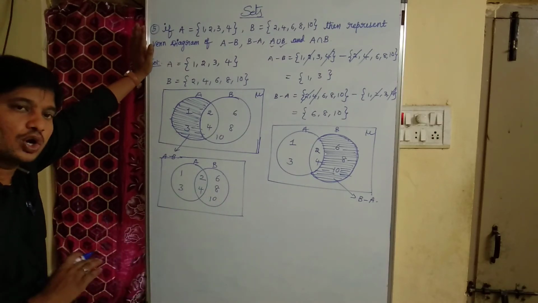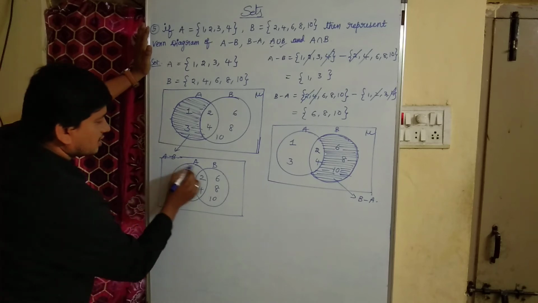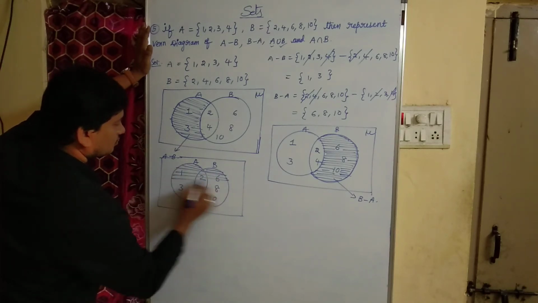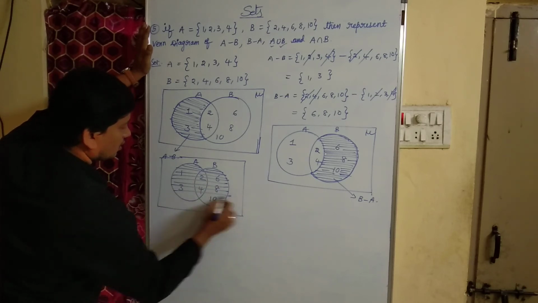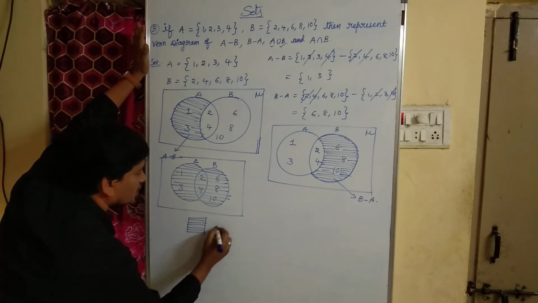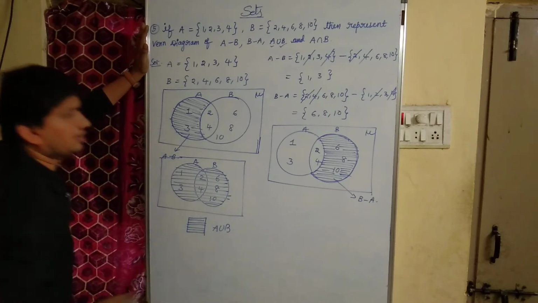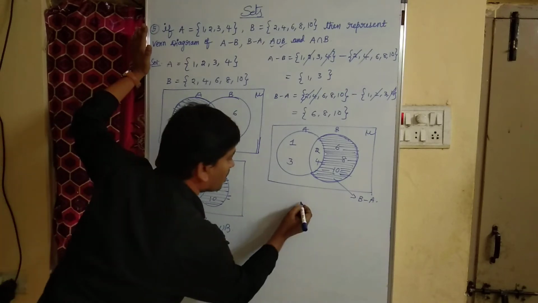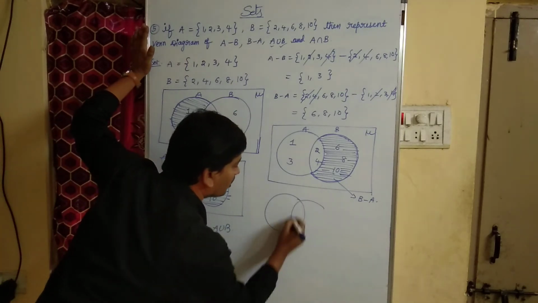A union B means all the elements which are there in both set A and set B, children. Right? Everything. This everything indicates here, as I did like this. This is our A union B. It means all the elements.